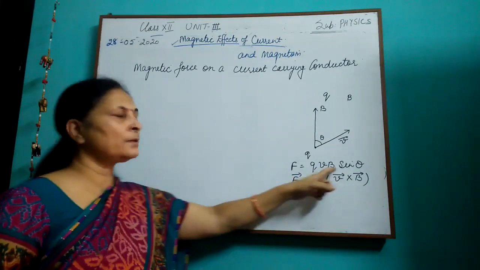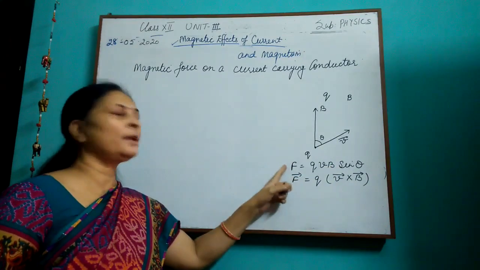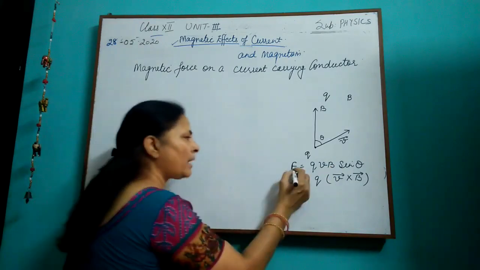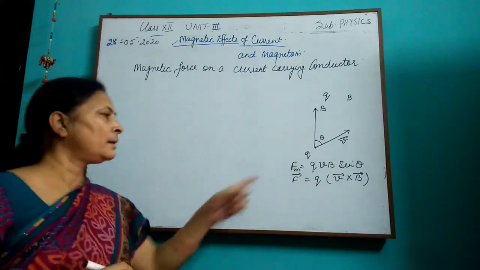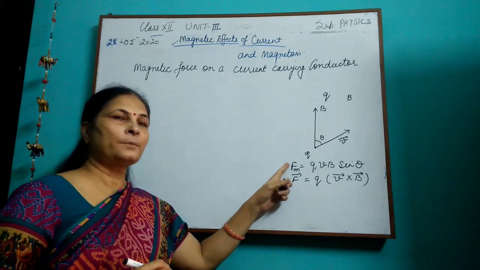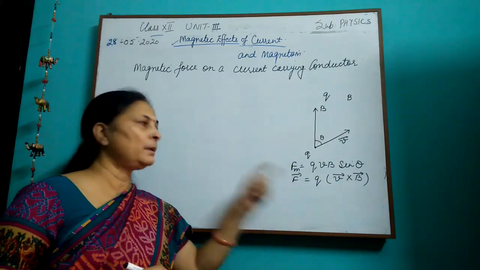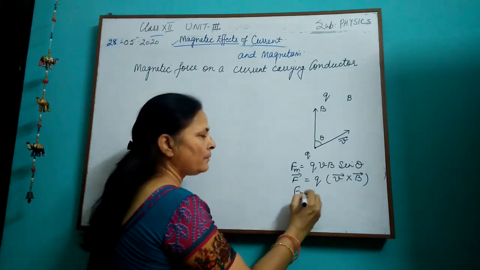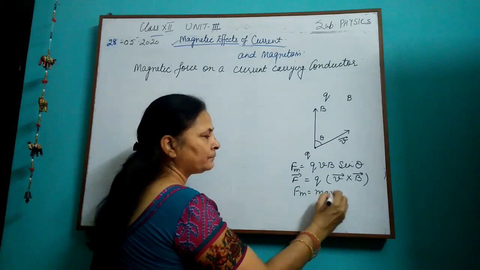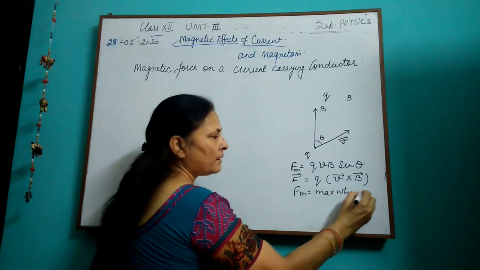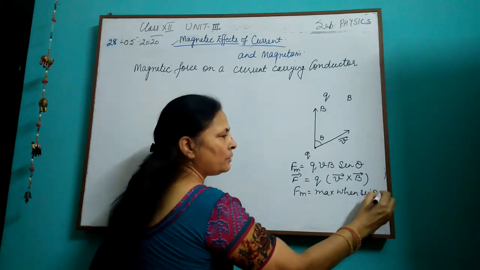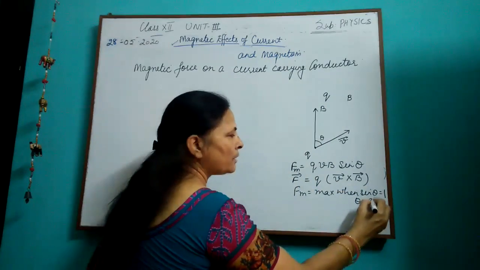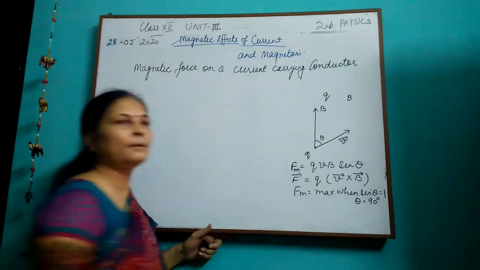From this expression, we can also find out when the magnetic force is maximum. You can write Fm also for convenience. When is the magnetic force maximum or when is it minimum? You can see from this expression, Fm will be maximum when sine theta equals 1 or theta equals 90 degrees.